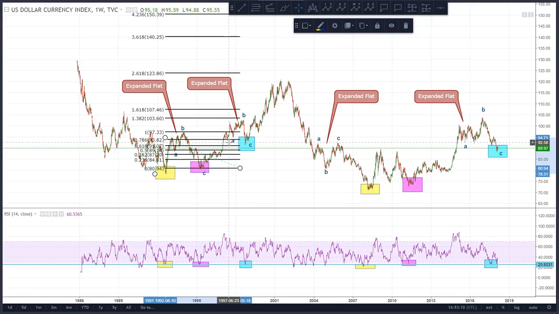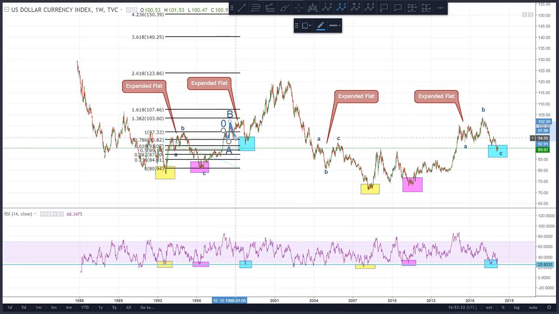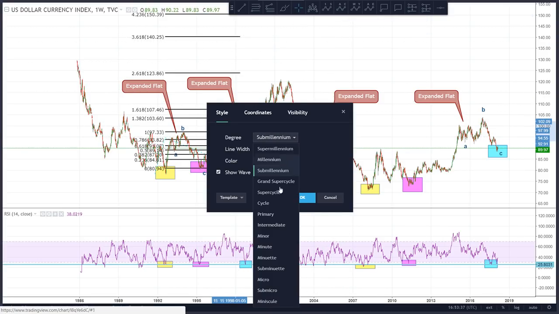So A is actually this A there. Okay. So wave 3 finished here. And then you got a new ABC. So I'm just going to, I shouldn't have deleted that one. A, B, C, and we'll just change the way that looks.